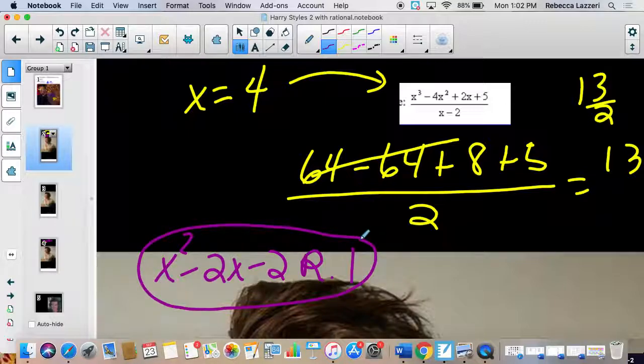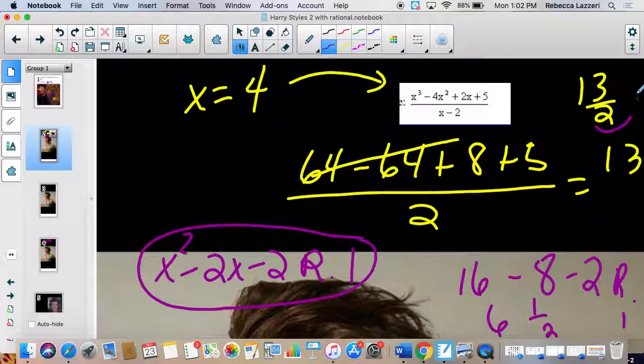If we put in 4, we'll get 16 minus 8 minus 2 with a remainder of 1. What's that, 6? And how would you write your remainder? You really would write it as 1 over the denominator 2. Guess what that answer is? 13 over 2 is 6.5.